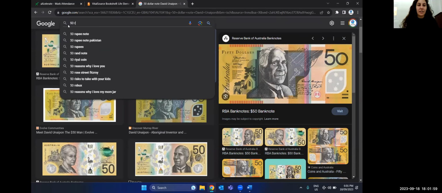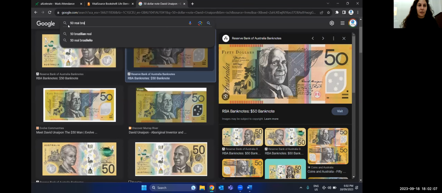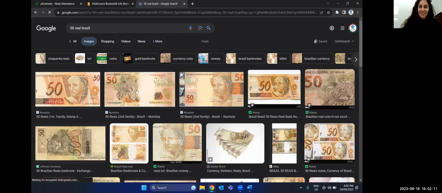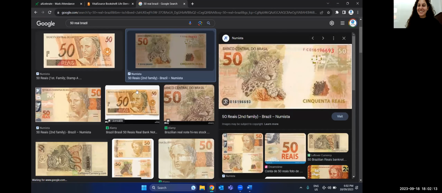How do I spell real? Okay, so tell us about this one. The Jaguar. This looks so cool. Tell us about this. This is the 50 reals, is that right? Which is in Brazil. So cool.